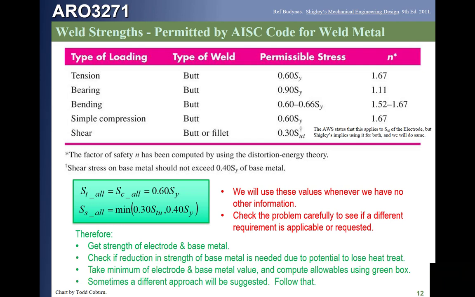What we will do first is take the FTU, FTY of the material, knock it down by that number, and then apply this formula. We're going to use 60% of the yield strength for our tension allowable. We'll use the minimum of 30% of the tensile ultimate and 40% of the yield. And whichever one dominates, we will write our margins of safety against that. If we state in the problem statement a different approach, we'll use that, but generally this is going to be our general approach. Make sense?